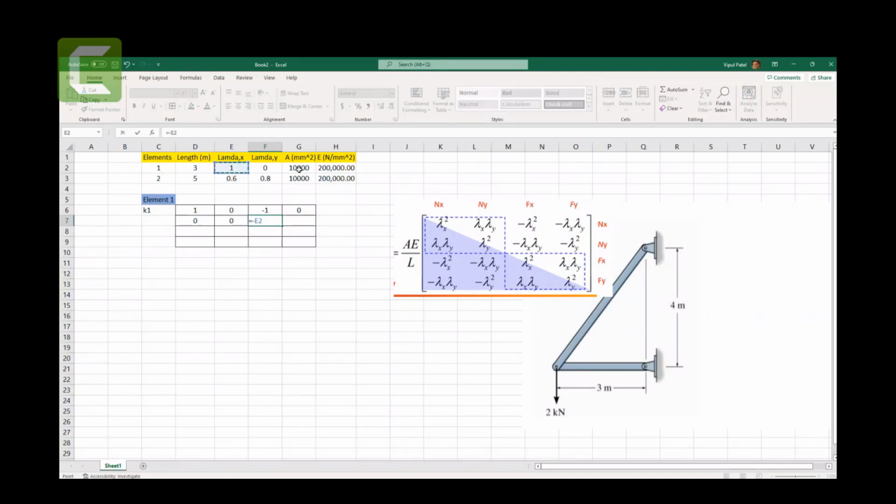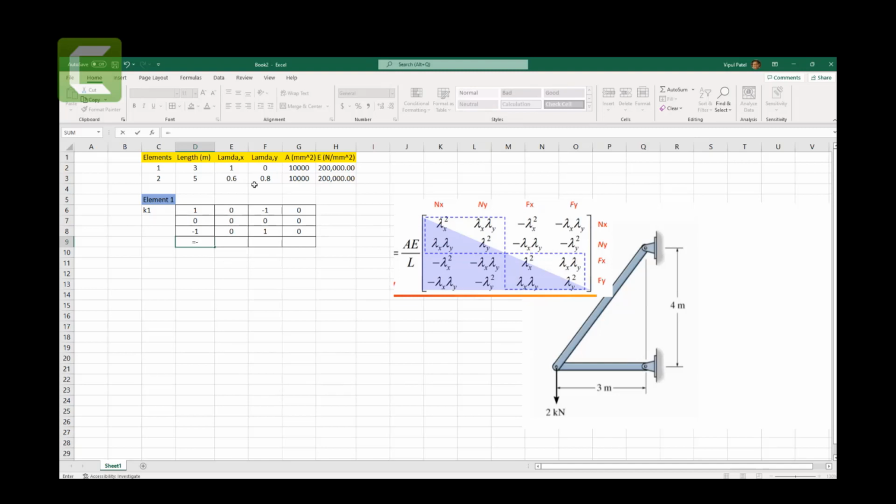Minus lambda x times lambda y equal to minus bracket lambda y. Don't make mistakes here, you need to do these, otherwise it will give you the positive answers. Minus lambda x square and then square and bracket over. And equal to minus lambda x, minus lambda y, this one times this one: lambda x square and lambda x times lambda y. So it will make sense to you now how you do the hand calculations, right?